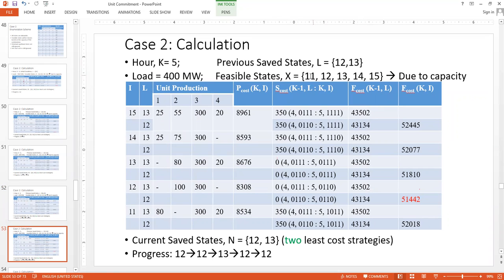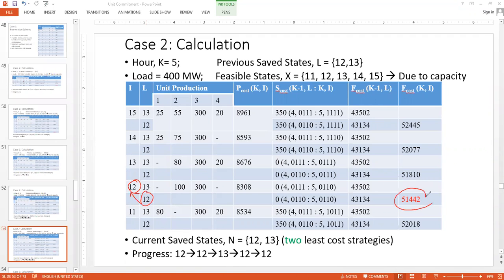So now there will be 10 different possible transitions. Okay, all those are listed here. The corresponding unit productions are here. This is the P cost, the S cost, the transition cost, the F cost taken from the previous slide, and F cost K, i is calculated. So now you see the transition is still from 12 to 12.